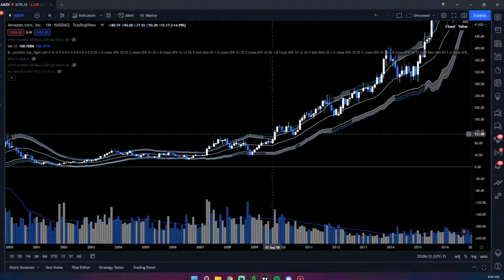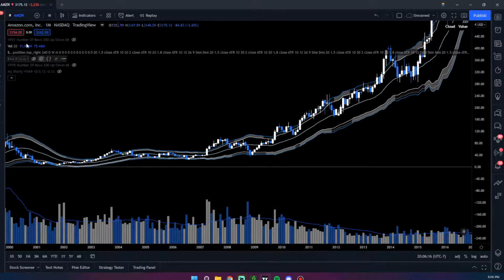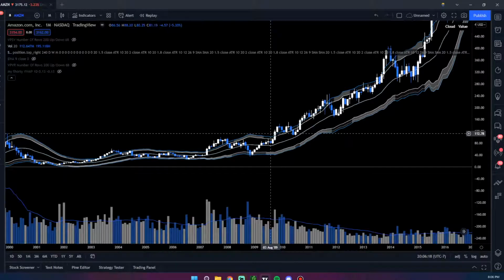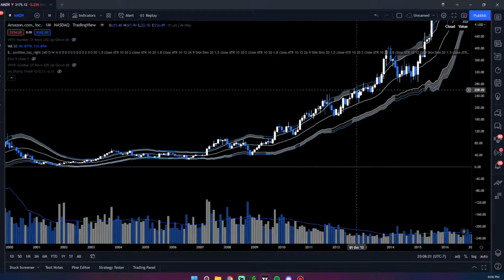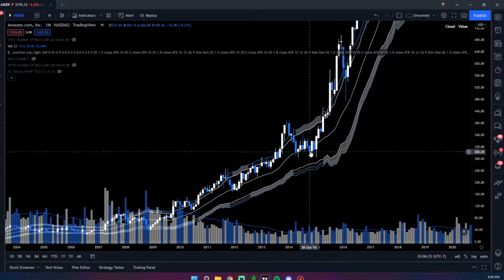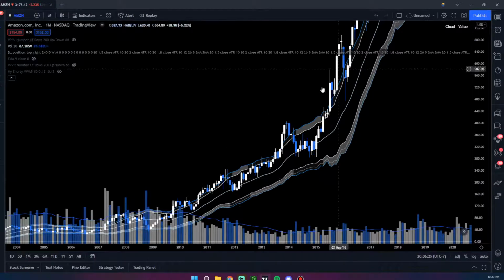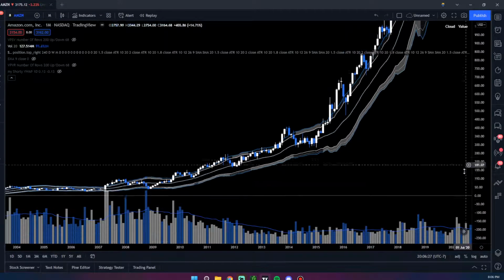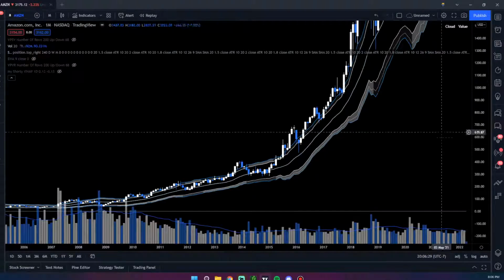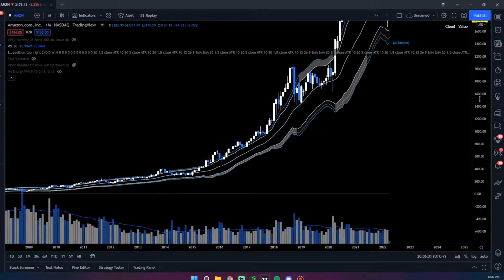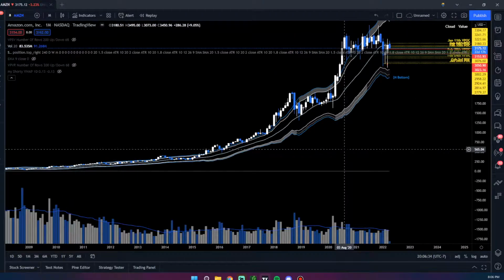Same thing if you're looking at the upper monthly cloud. If a big ticker like Amazon or Google is trending towards the top of the monthly cloud, you're probably going to be ripping for a while. So just a few things to keep in mind. But that's really it for the clouds as far as what I can cover for you guys in a short time. I'll open it back up if anybody has any questions.